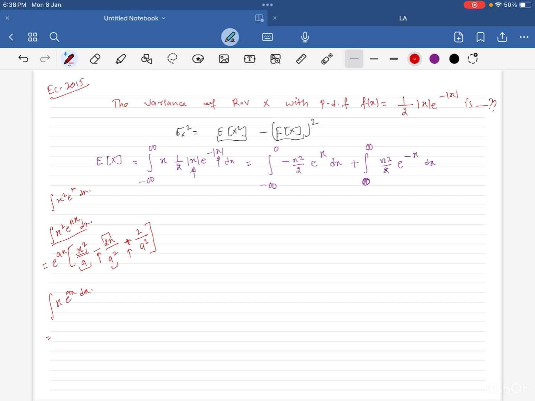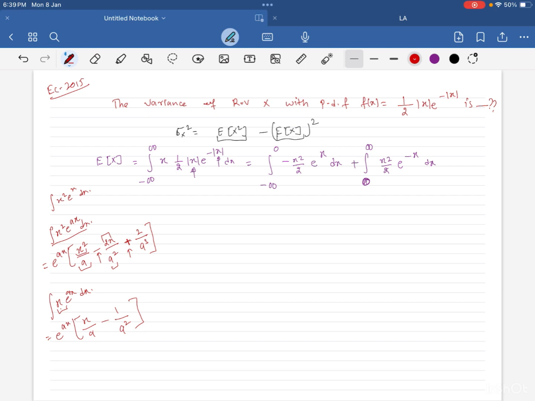It would be good in your examination, you will save a lot of time. So this is going to be e to the power ax. Now here it is x, so write x divided by a, and now minus, differentiate this, so it is going to be 1, and this is going to be a square, right? So this is the integration of this.